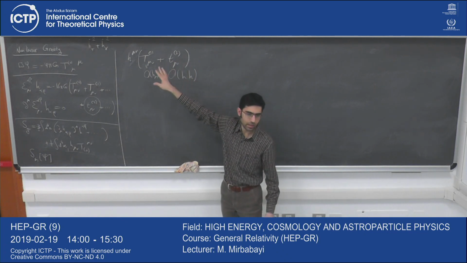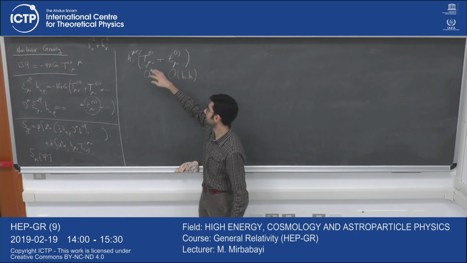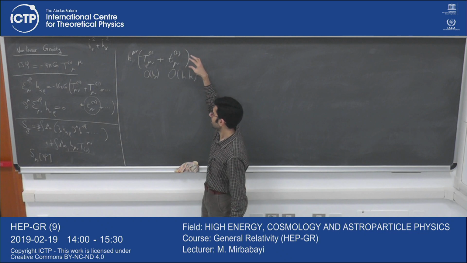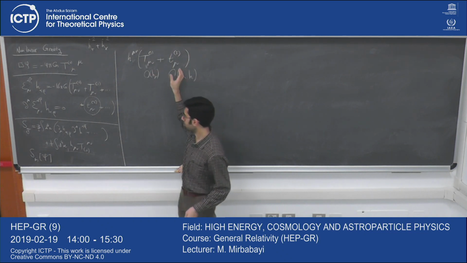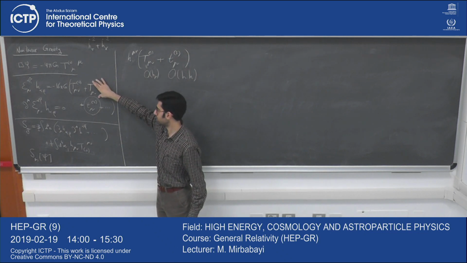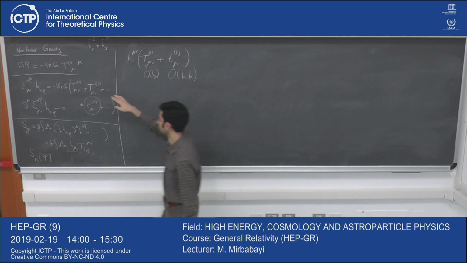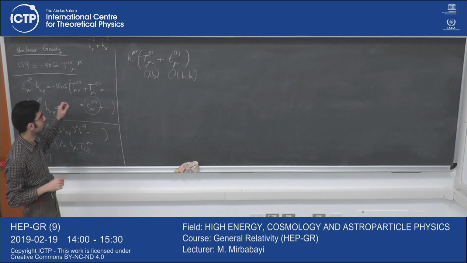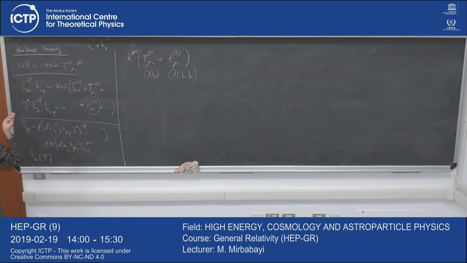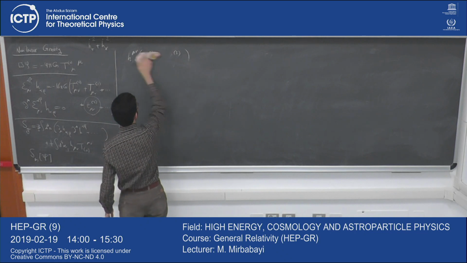So when we do variation of the action with respect to h mu nu, it's not just coming from this h mu nu. There has to be something more, something different, but when I vary it, reproduces these two terms. So I have to write something that reproduces those terms when I vary the action with respect to h mu nu.